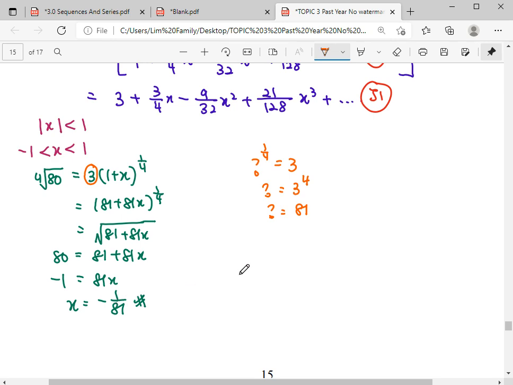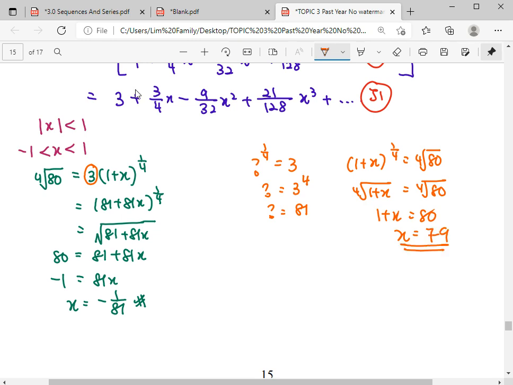Sometimes you might get an x that is not valid. Let's say you say, Miss, I want to compare this only. I don't want to compare the 3, can or not? So if you compare 1 plus x to the fourth root of 80, we get 1 plus x equals 80, so x equals 79.